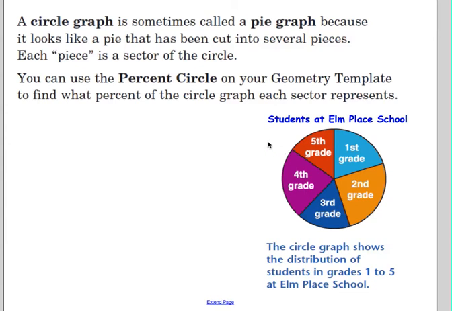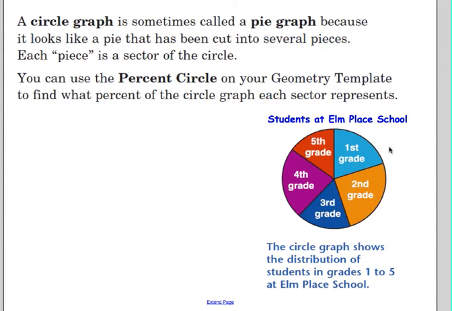However, I will tell you while we're working with circle graphs, it is best when making a circle graph to label the percents, or at least to label the fractions of each sector. Although it is not always required or necessary, and you won't always see them done that way, I highly recommend that you label the percents.